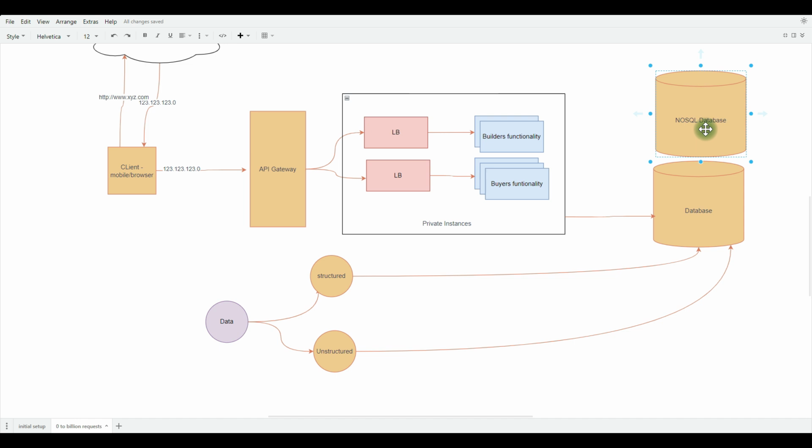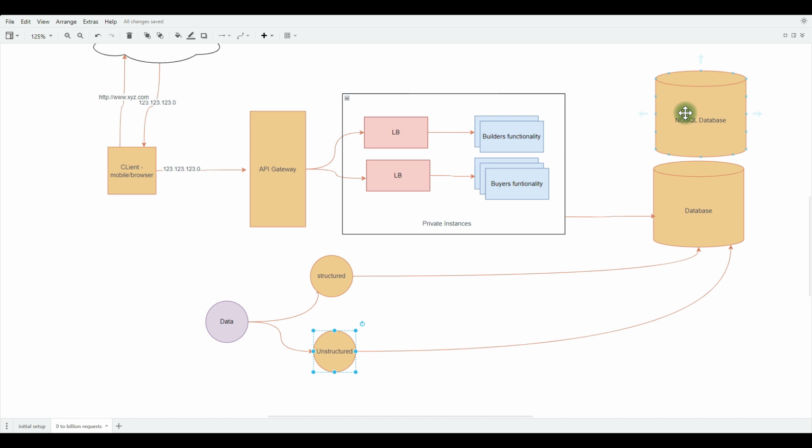NoSQL means not only structured query language, SQL, so it supports both. The new requirement for unstructured data can be fulfilled with this kind of database.